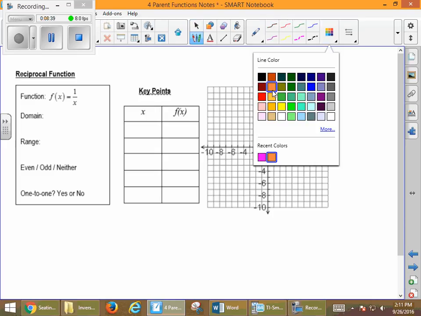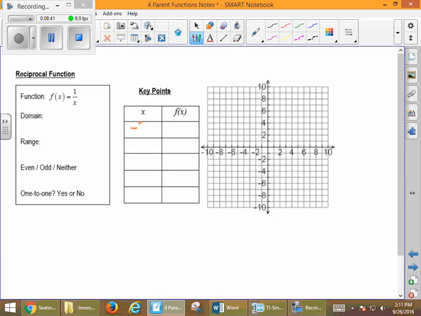But what we've got is we've got negative 2, which gives us negative 1/2. We have negative 1, which gives us a value of negative 1. At 0, we get an error. And then we have positive 1, positive 1.